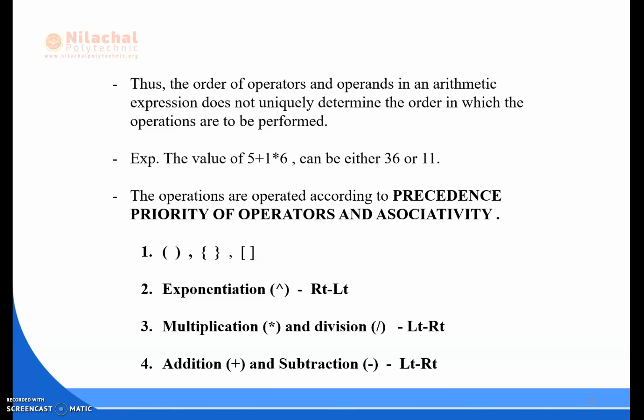Thus, the order of the operators and operands in the arithmetic expression cannot uniquely determine the order in which the operations are performed. For the value of 5 plus 1 multiplied by 6, if we put parentheses on 5 plus 1 first, the answer will be 36.